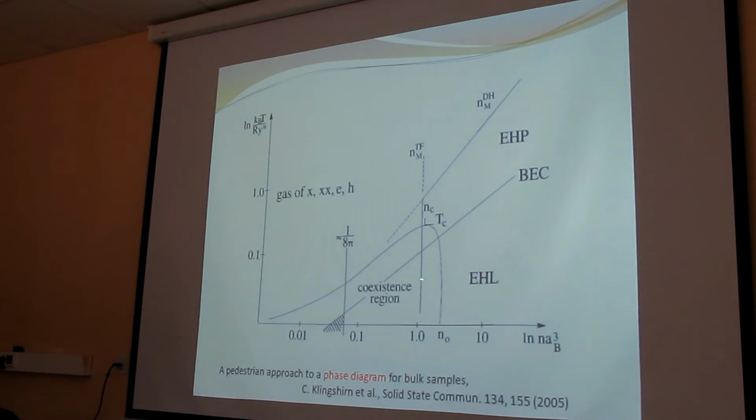So if you create excitons maybe at a density here, where you should observe a Bose-Einstein condensation, possibly you get a phase separation in a liquid and a low density gas. And then theoreticians tell us, well, if this quantity is above 1/8 pi, excitons are no longer good bosons.